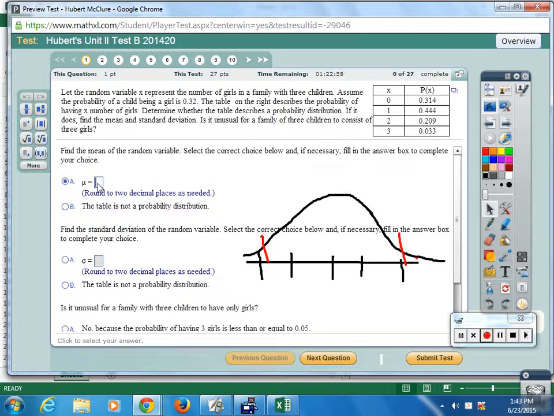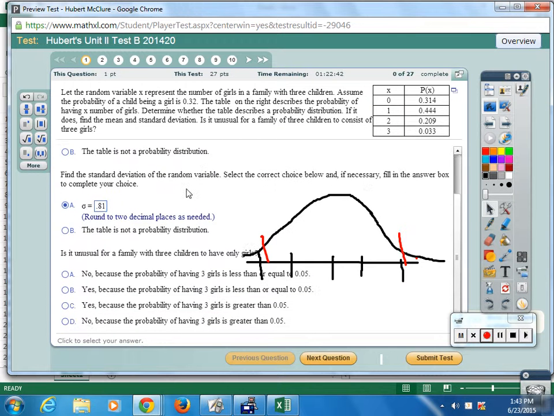What was our mean? 0.96. What was our standard deviation? 0.808, 0.81. Is it unusual? Yes, it's unusual because it's greater than 0.05. It goes outside the bounds.